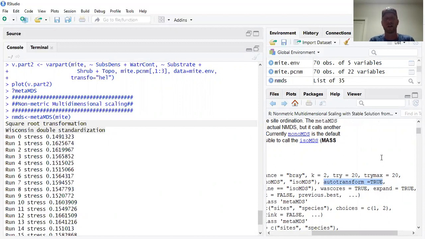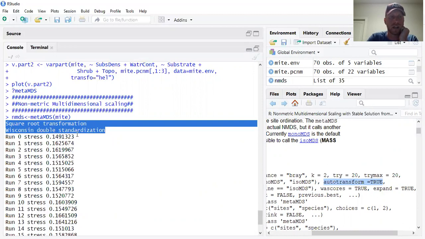So the developers of vegan are trying to help us out here. They don't want us to run just raw abundance data because they recognize there's this issue of abundant taxa having an undue influence on the ordination. So there's an automatic transformation that happens there. If you load in data that have already been transformed, you would want to do autotransform equals FALSE, okay? So it's telling us right there the first thing that it did was transform the data.